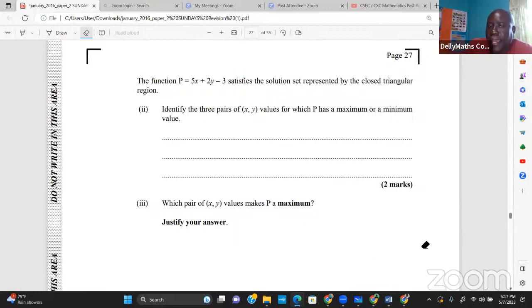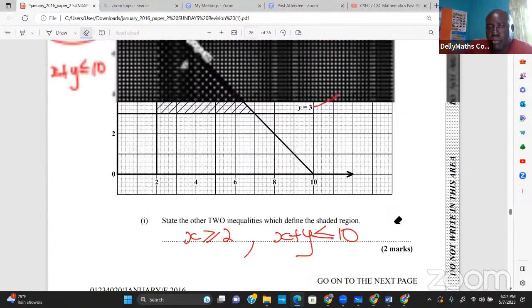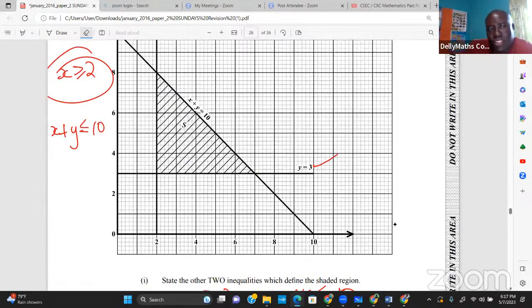So they're asking you to pick up the vertices. Here they are: there's 1, there's 2, and there's 3. If you don't see numbers and you want to put on numbers, put them on. This is a 7. This is a 3.